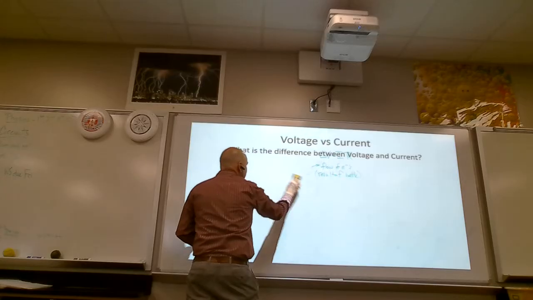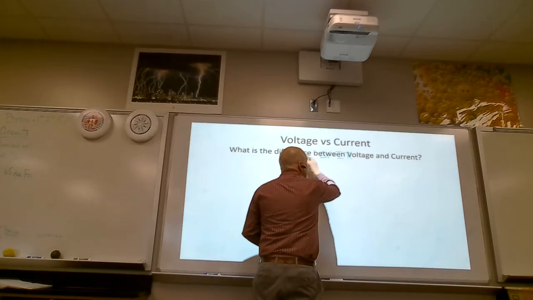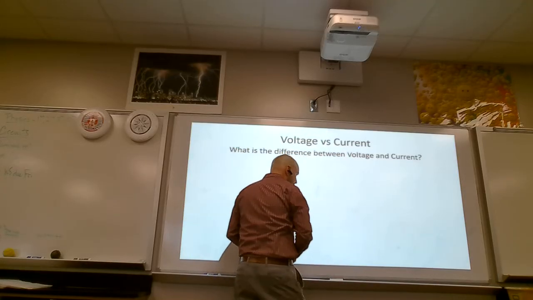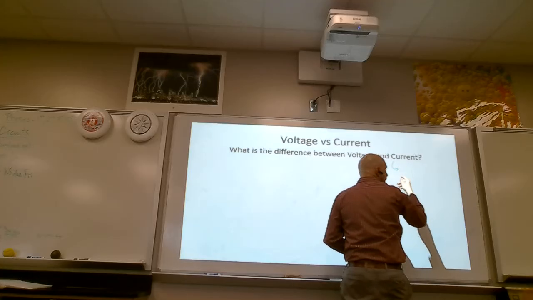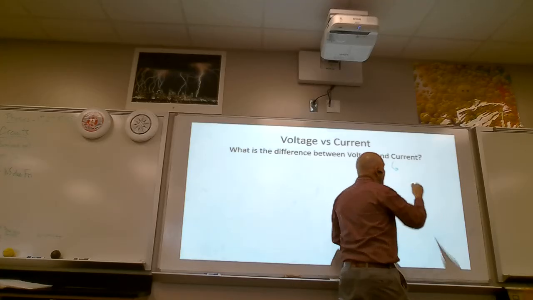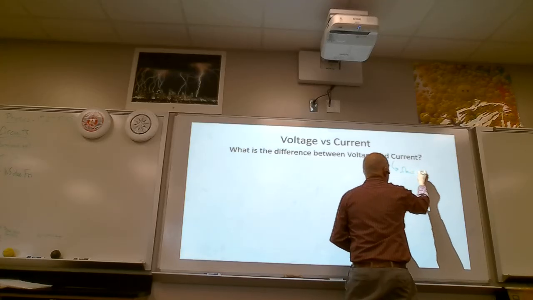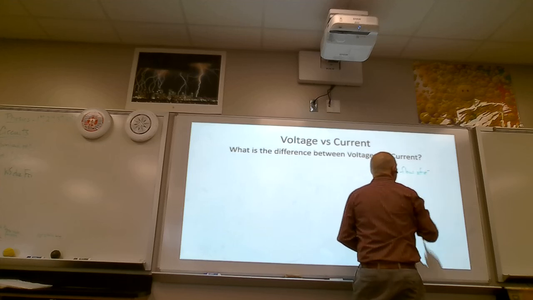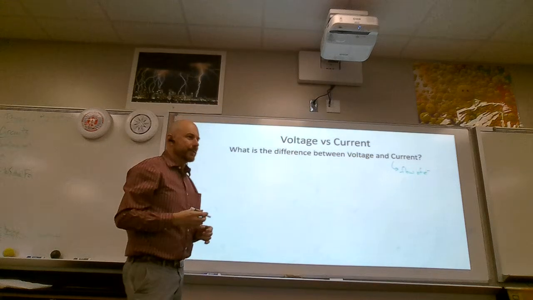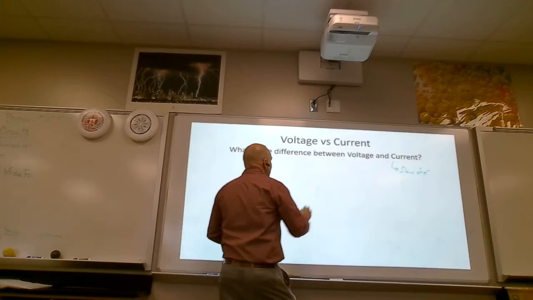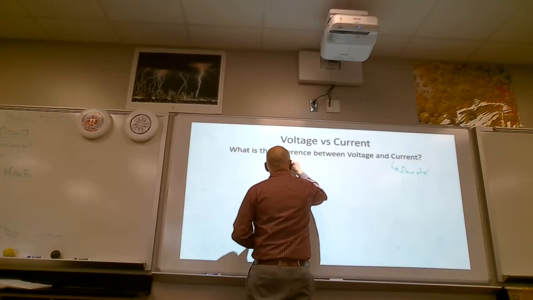So, current, most people have a fairly good understanding of that. That's not too bad because you're thinking like current in a river, flow of electrons. Voltage is the one that gets all convoluted. Okay, so voltage.